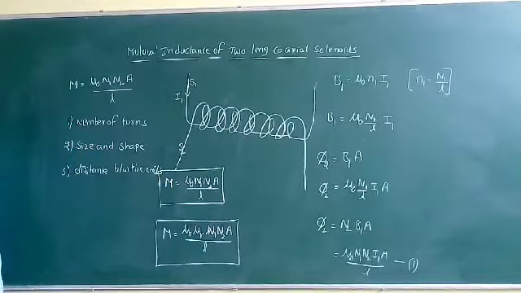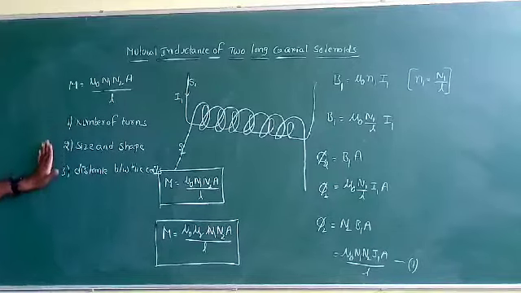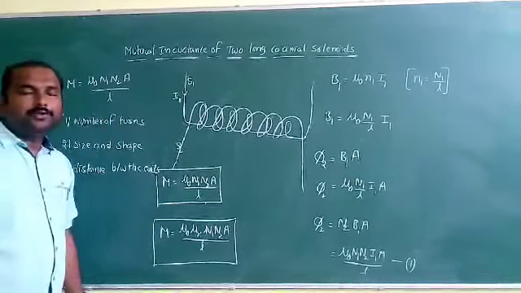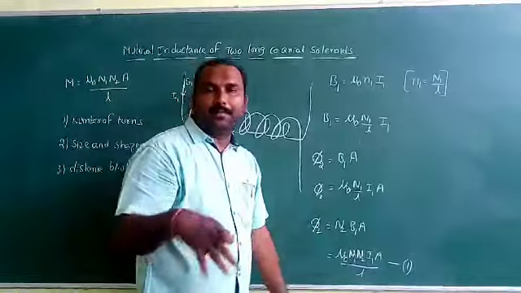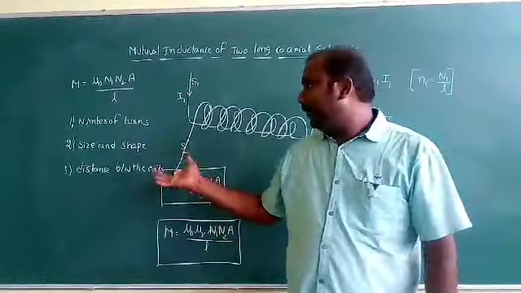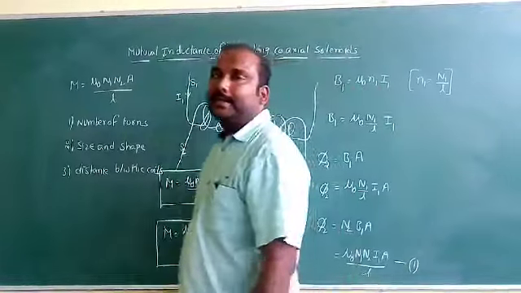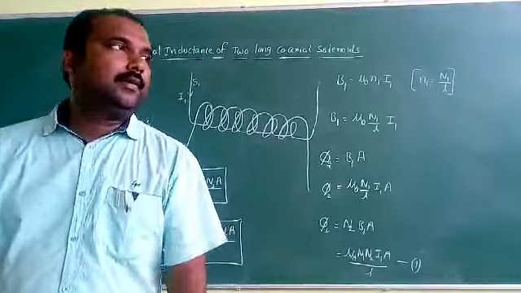If you write these three points, they are enough to get the 2 marks. Once again, name the factors on which mutual inductance depends: it depends on the number of turns, on size and shape, that is area, and on the distance between the coils. Like this, mutual inductance depends.